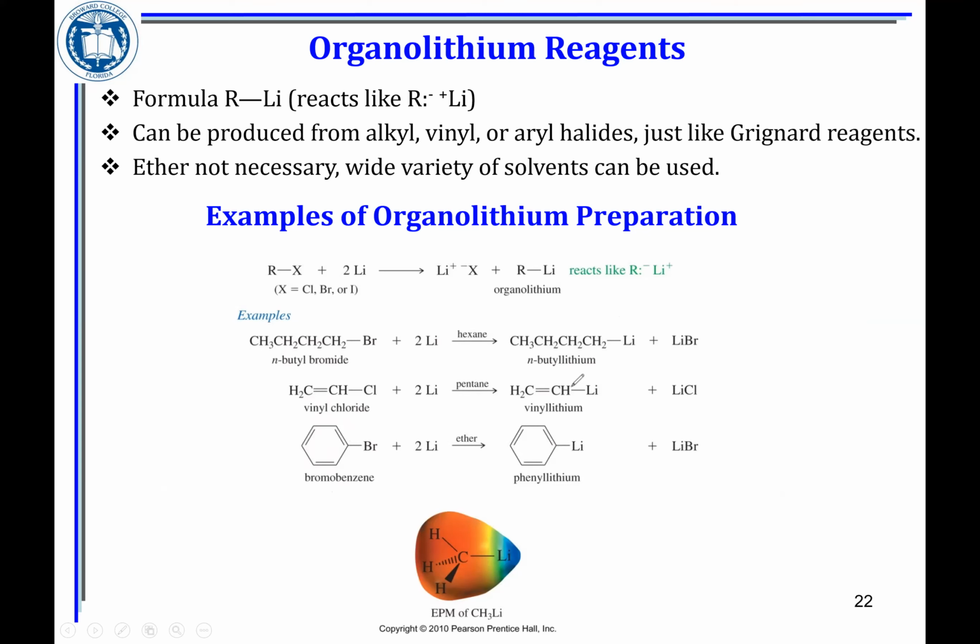The property of alkyl lithium is also similar to Grignard, because you have a plus charge on lithium, minus charge on the alkyl group, and that makes the alkyl group a strong nucleophile. So when you do have a strong nucleophile, it can attack the partially positive carbon coming from a carbonyl group or from an alkyl halide.